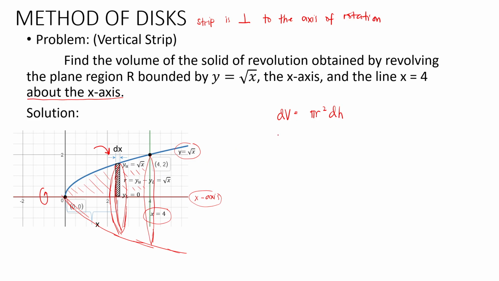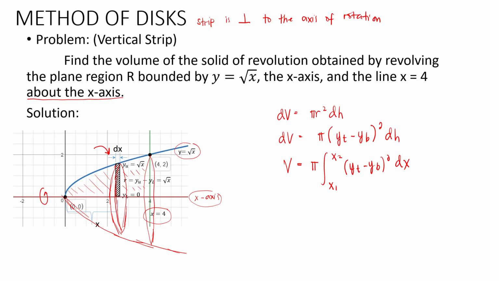And then our radius, so differential volume is equal to pi times y top minus y bottom squared, and then dh. So getting the integral, this becomes pi, taking the constant outside, and this becomes the integral from x1 to x2 of y top minus y bottom squared dx.